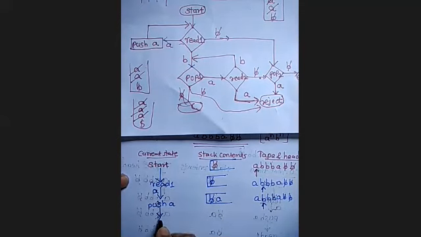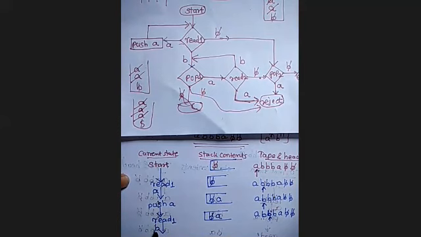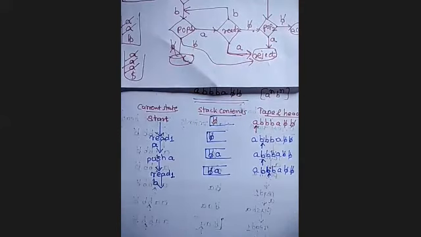After push A, your next state is what? Read one. So read one will read from the input tape. The stack contents are not changed. After reading, the input pointer points to the next B character. Read one has read which character? B. So what is the next state after reading B?